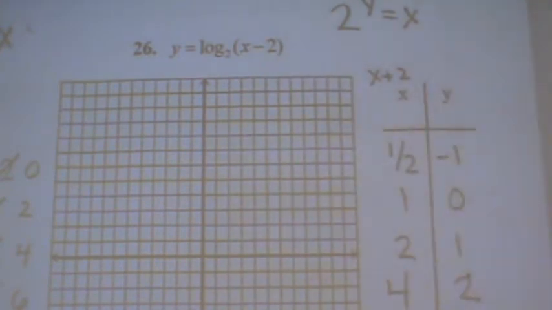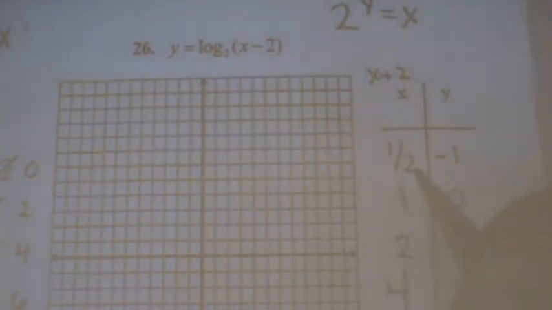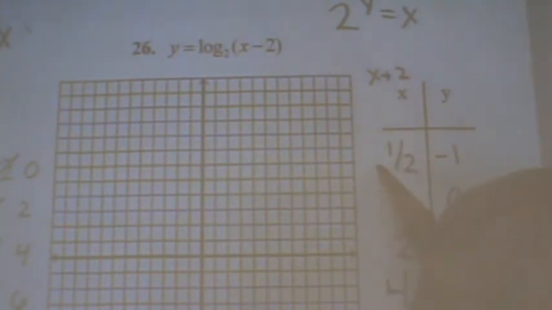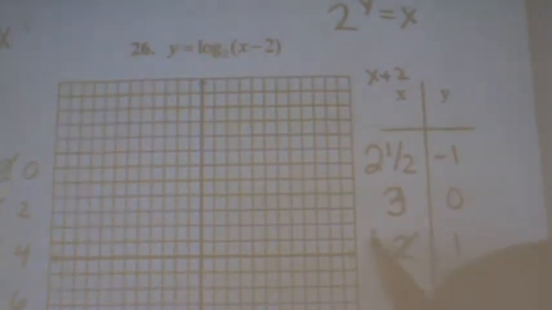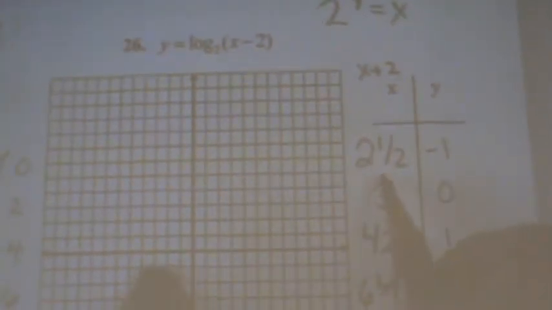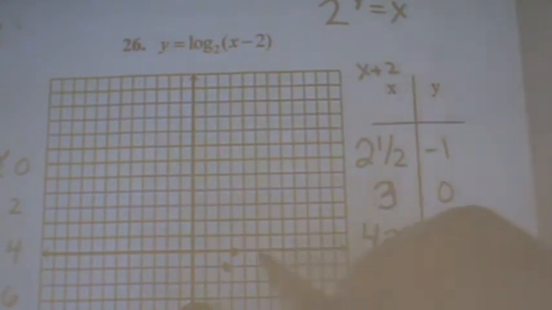I like to write right above it what I'm doing. Add 2 to these, what do you get? If you add 2 to a half, you get 2 and a half. Add 2 to this, you get 3, then 4, and then 6. So you're going to graph 2 and a half, -1, 3, 0, 4, 1, and 6, 2.